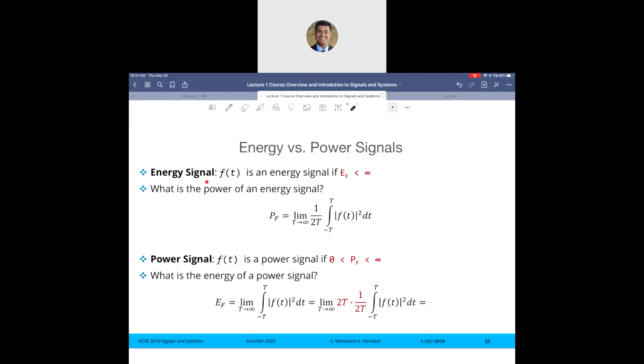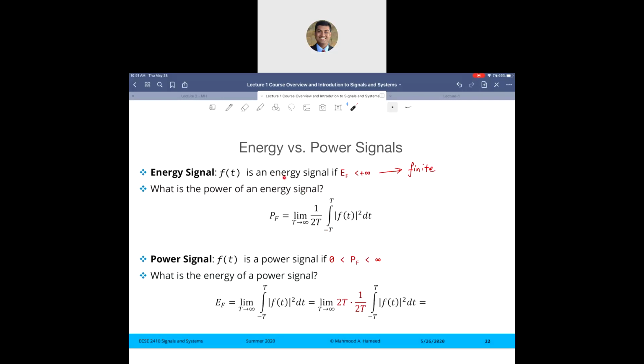For an energy signal, we can call it an energy signal if the energy of that signal is less than plus infinity, which essentially means that it is finite. So if the energy of the signal is finite, then we would call it an energy signal. Now the related question is, what is the power of an energy signal? We know the formula to compute the power of the signal.